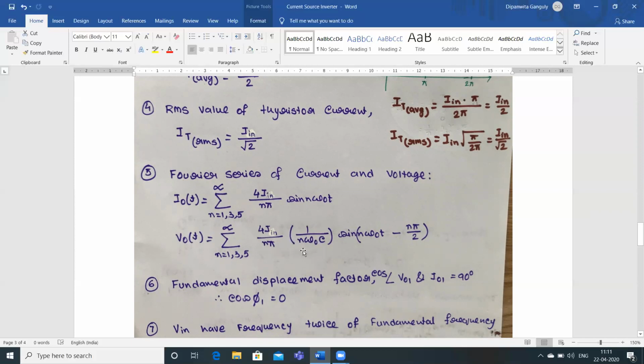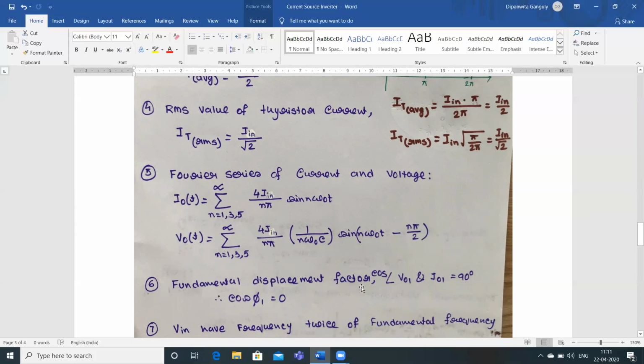Xc means 1 by n omega c, and as the voltage waveform is shifted by pi by 2, for the fundamental component n will be equal to 1. So we are getting this expression displaced by n pi by 2.